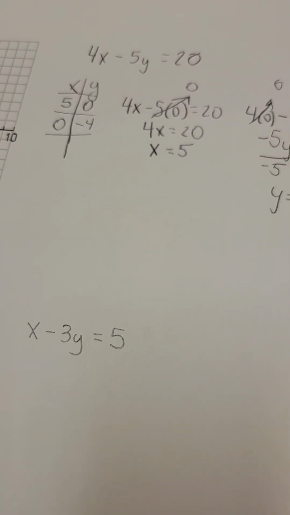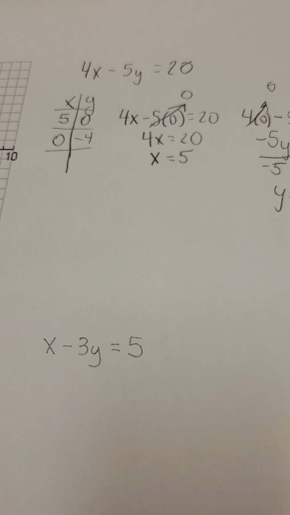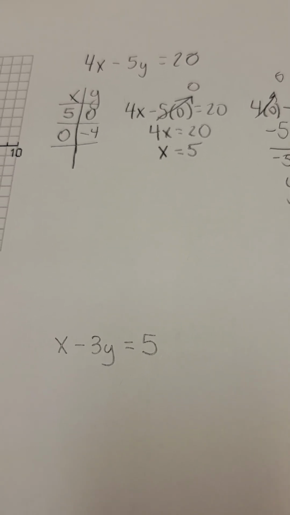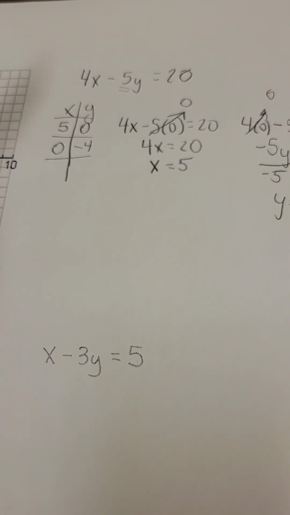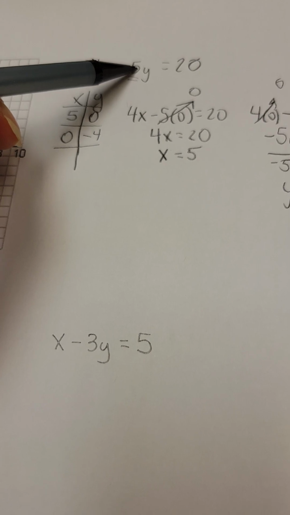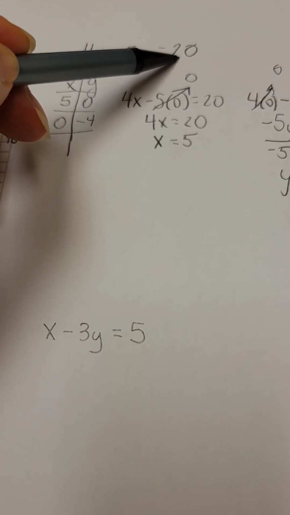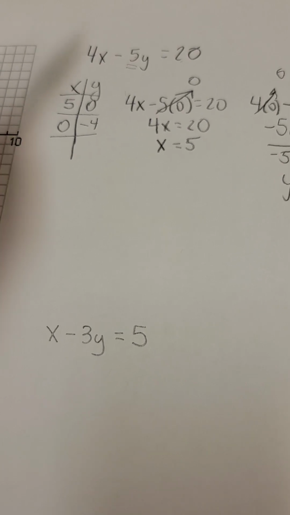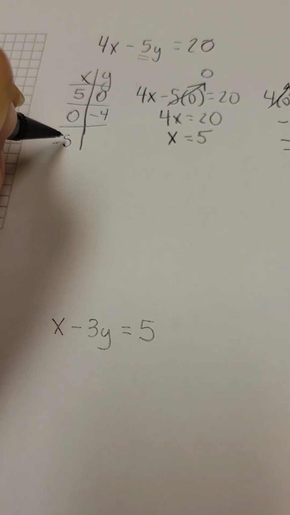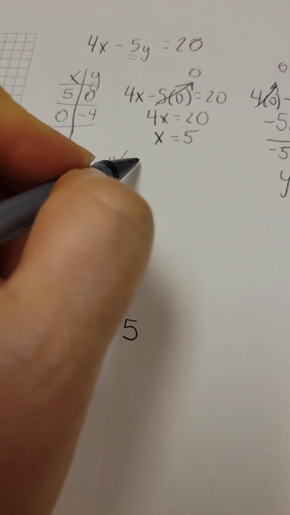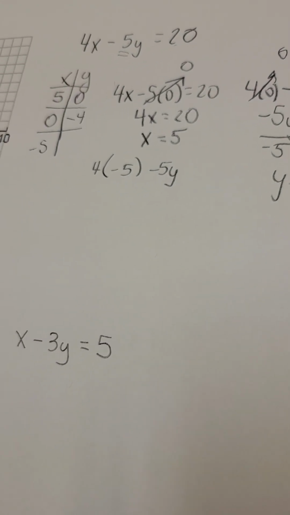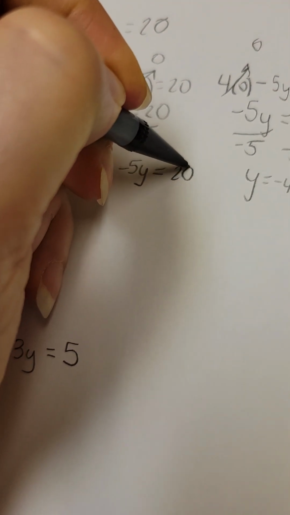Now, generally speaking, we pick another ordered pair to make sure we have the right equation. We're going to pick multiples of the number in front of y, but only if this number divides into the 20, which it does. I'm going to pick negative 5 because we like to stay between negative 5 and 5 if we can. So I'm going to do 4 times negative 5 minus 5y equals 20.